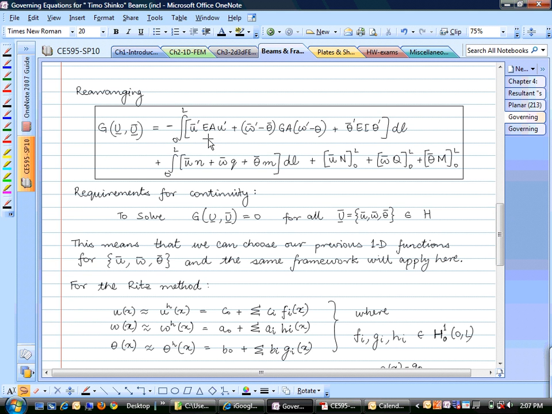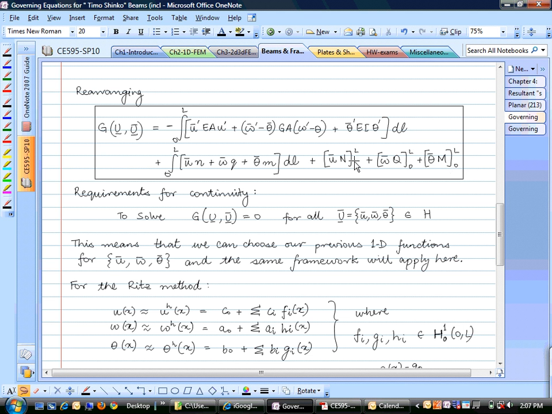And this weak form is after you do all your integration by parts, after you make your weak form symmetric. This term takes care of the axial strain energy. So essentially what we are saying here is this entire term is the internal virtual work. This term is the external virtual work and the boundary terms.